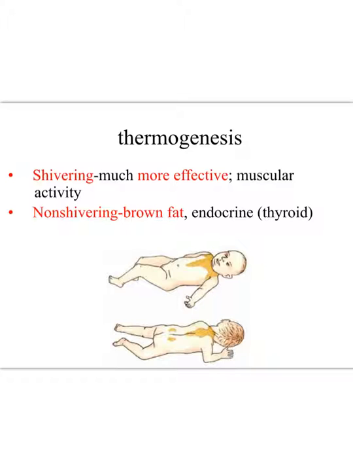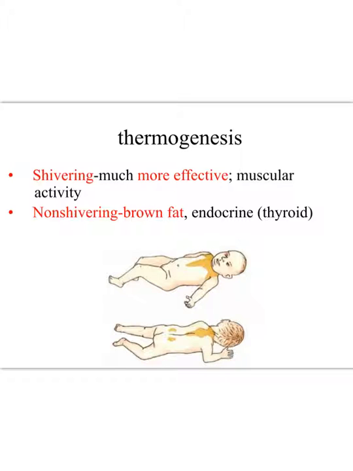Non-shivering thermogenesis is something that you see primarily in infants, although it would be awfully nice if we could do this as adults. Brown fat is called that because it looks sort of a reddish brown in appearance when it's exposed, because it's really rich in mitochondria. So this brown fat, you'll see the distribution pattern here on this diagram of an infant.